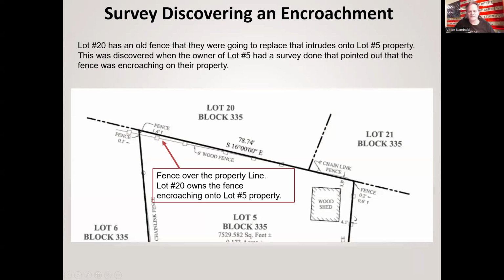See here, this is that survey of the back of my lot where my current wood shed is. And the neighbor's wood fence comes onto my property about 1.5 feet over here. Now on this side, you can't see it in this image, but closer to the house, I also have a fence that comes inland onto my property.